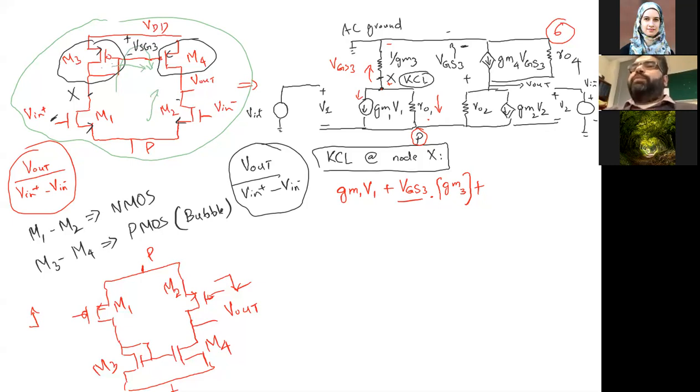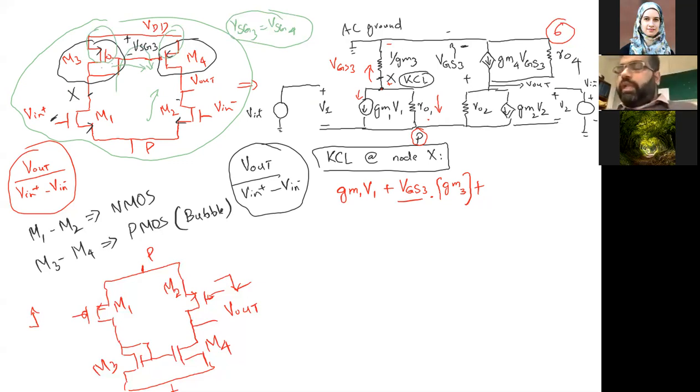We know this VSG3, as a current mirror, is equivalent to a bias voltage for M4. So we can see that VSG3 equals VSG4. And we know VSG3, that's why we are using it, and we are replacing it with VGS4.